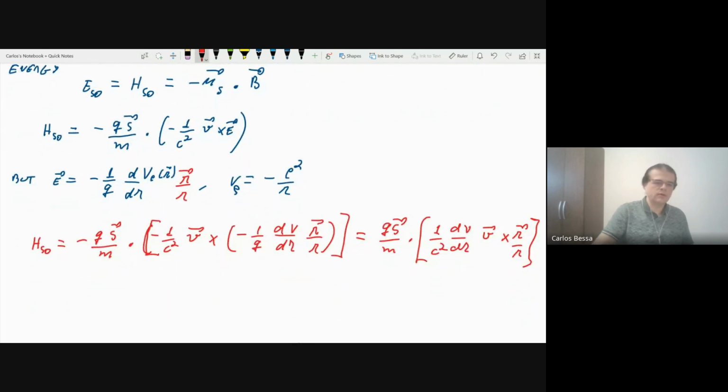And just to get the expression that I showed in the beginning, v is p over m. So H, I forgot this q here, I have a q in the denominator.